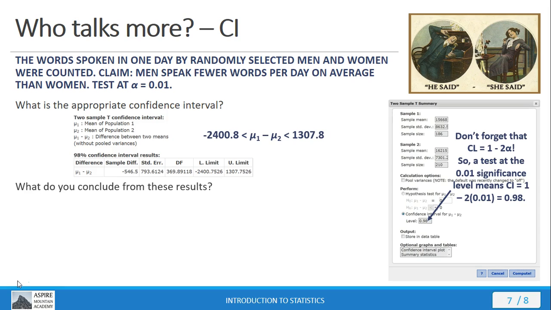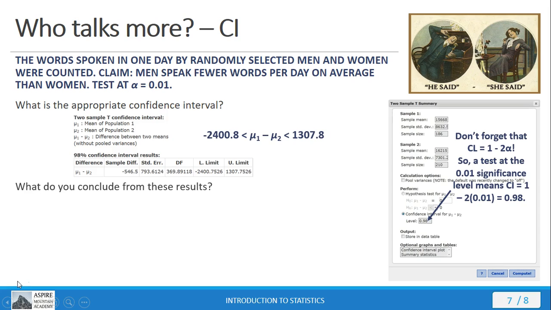Now, the last question. What do we conclude from these results? The question we need to ask when we're dealing with these confidence intervals is, is 0 inside or outside the confidence interval? Look at your confidence interval limits right here.